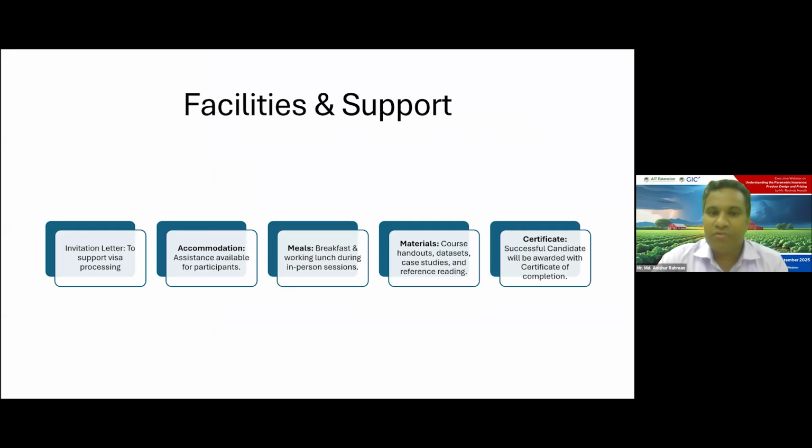But how can we facilitate and support you in attending this training course? After your application, we will communicate directly with the interested participants, issuing an invitation letter and certificate of admission.